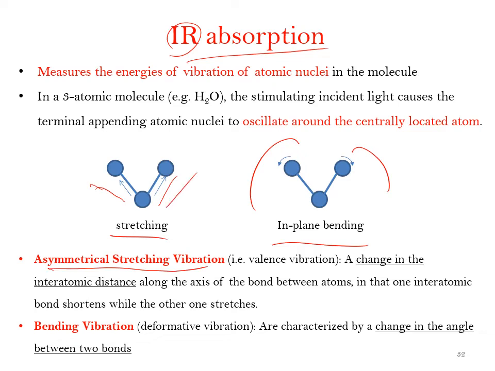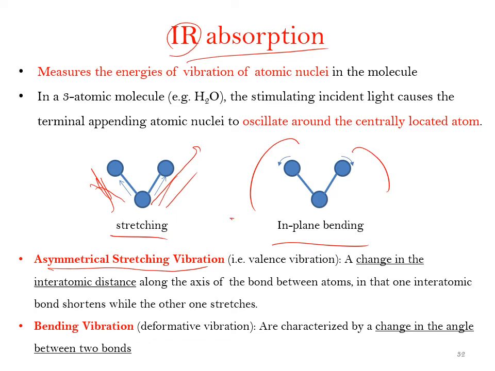If there is symmetrical stretching, there will be no change in the interatomic distance along the axis of the bond between atoms. But in the case of asymmetrical stretching, that means one will be stretched more and the other a little, there will be valence vibration. That means a change in the interatomic distance along the axis of the bond between atoms will occur. So one interatomic bond shortens while the other one stretches.